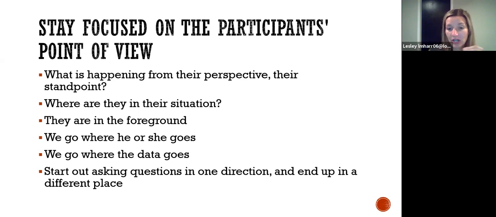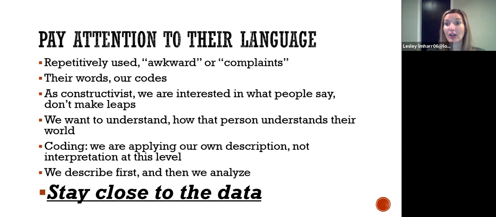We can start out asking questions in one direction of our data and end up in a different place. This is why we're always looking at the way our coding is in relation to our aims. Because remember, our large scale research aims, which are connected to our research proposal, have the ability to change over time, and sometimes that happens based on our coding process.